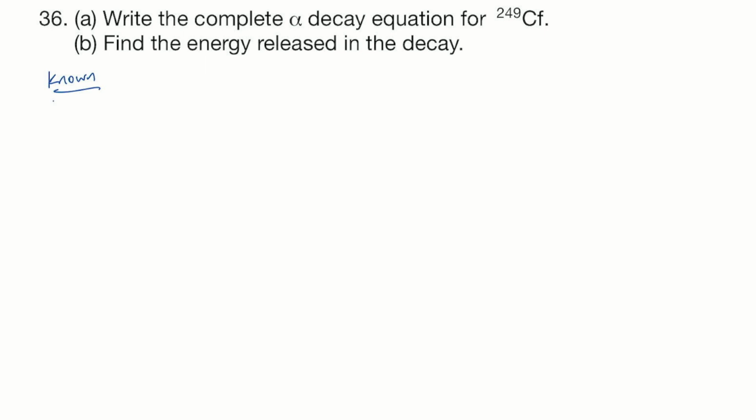All right, so let's start with what we know. We have 249 Cf, so that means our A is 249. It's our mass number. From the chem table, we see Z is 98, so 98 protons, and Cf is californium.